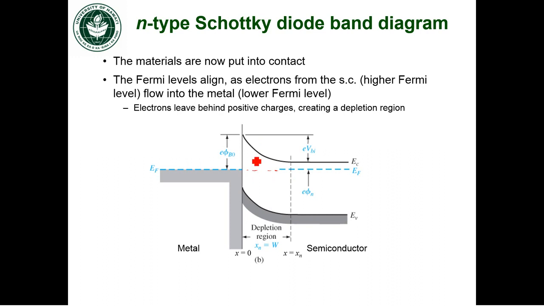And those electrons, when they left the semiconductor, they left behind positive charges. And so that resulted in the creation of a depletion region, just as in the case of a p-n junction, except now the depletion region is only on the semiconductor side of the junction.